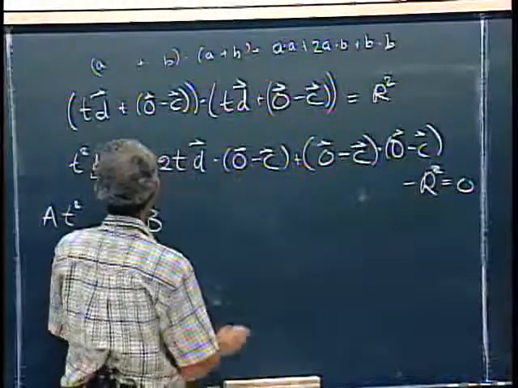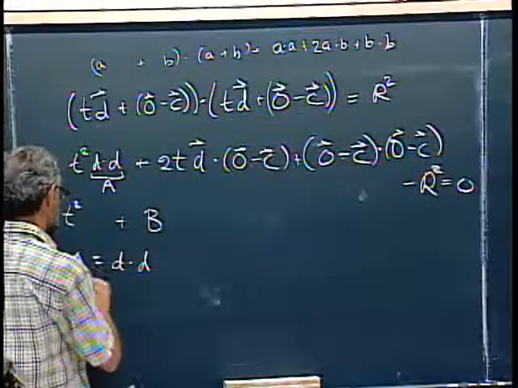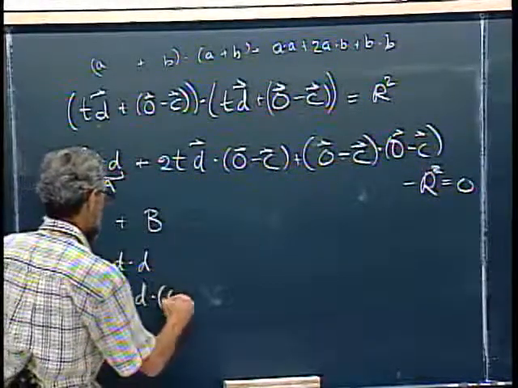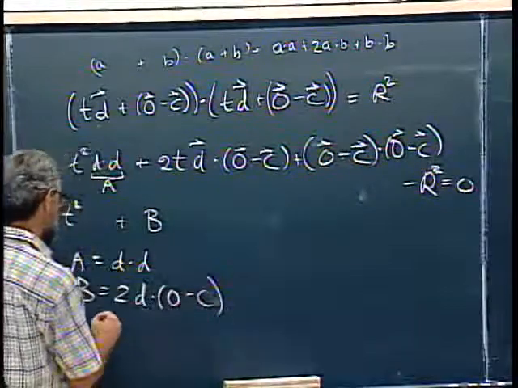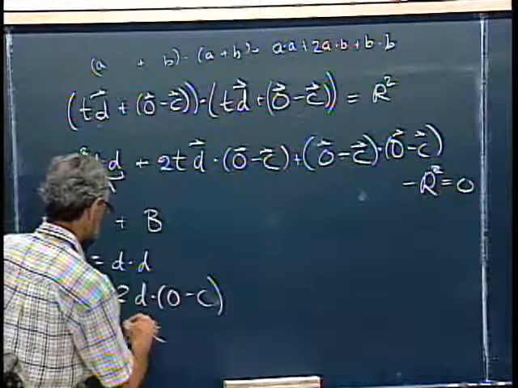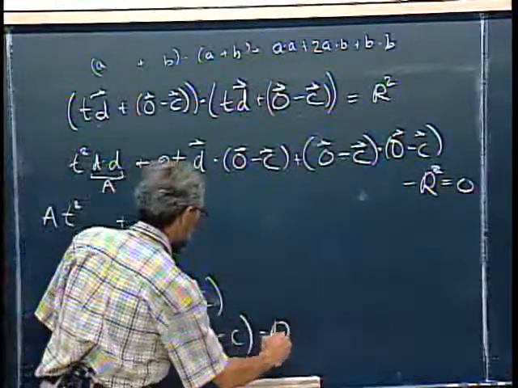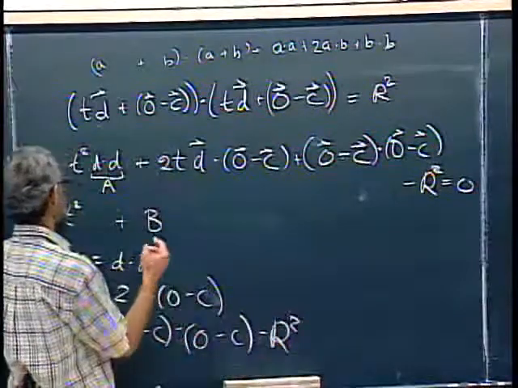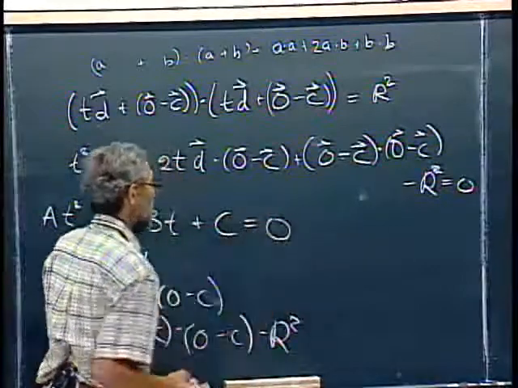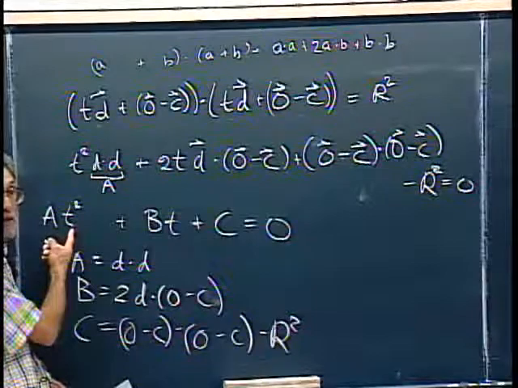This b, so a is d dot d, b is 2 times d dot (o minus c), where I'm leaving off my vector signs. And my constant term on the quadratic equation is going to be (o minus c) dot (o minus c) minus r squared. And then it's going to look like the form at squared plus bt plus c equals 0, which is, as I promised, the quadratic equation in this unknown value t.